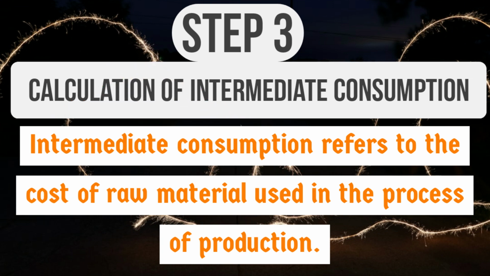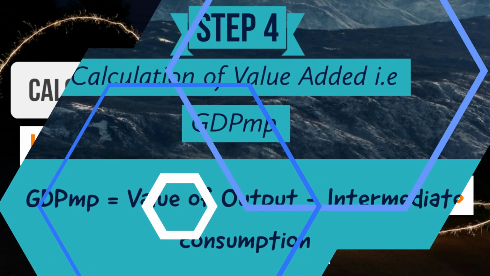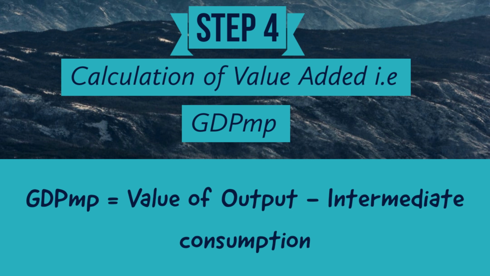Now the step 3, we need to calculate the intermediate consumption. Intermediate consumption refers to the cost of raw material used in the process of production. All those inputs, the cost of those inputs which we use in the process of production is known as intermediate consumption. Now the step 4 is how should we calculate the value added.